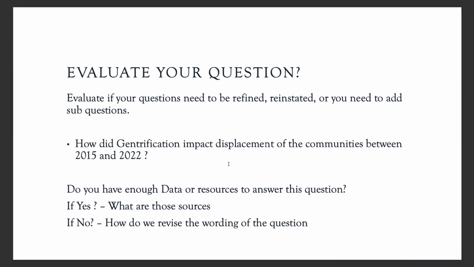So if this is your question, you might want to ask, do you have enough data to measure this gentrification? How do you measure gentrification? What do you have as data? Do you have data for 2022? You might have some data from 2015, and you may be missing something from the recent years. So how do you address those data gaps, and what do you do?